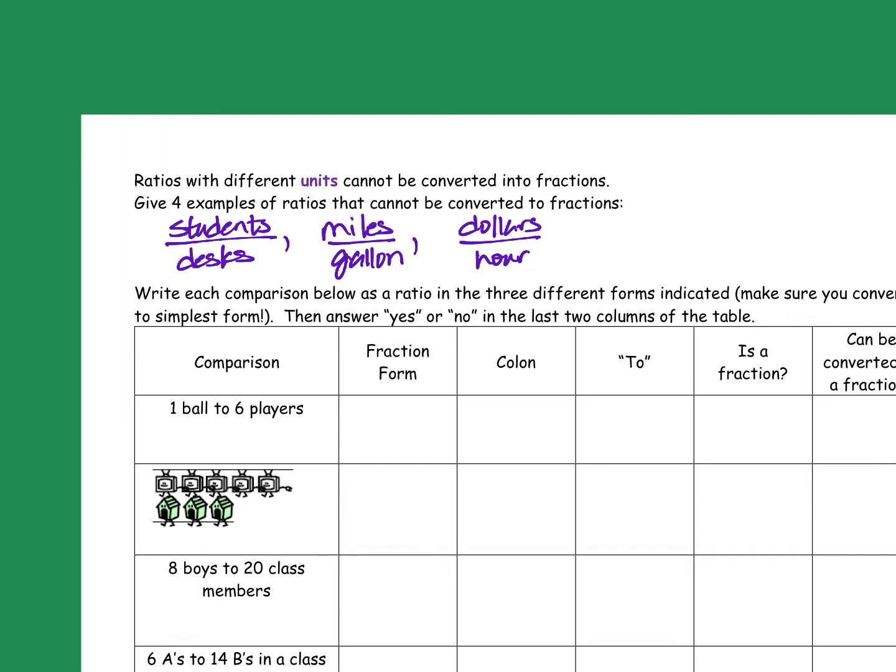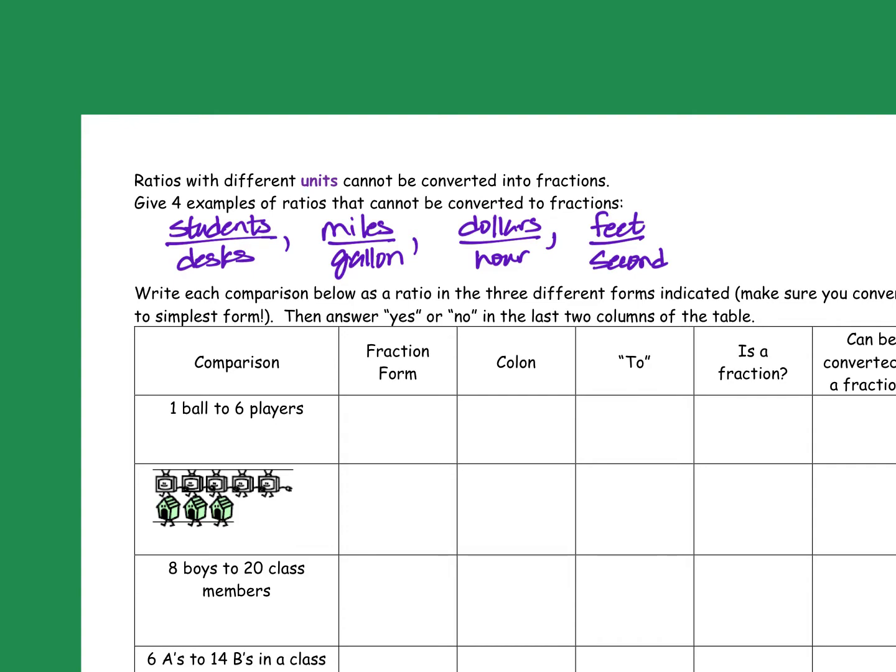Okay? And another one you see a lot in your science class is feet per second. They really don't have anything to do with each other. I can't change them into a part to a whole. I can't do anything like that. So those are examples of ratios that can't be converted to a fraction. Okay, I can put them in fraction form, but they're not technically a fraction.